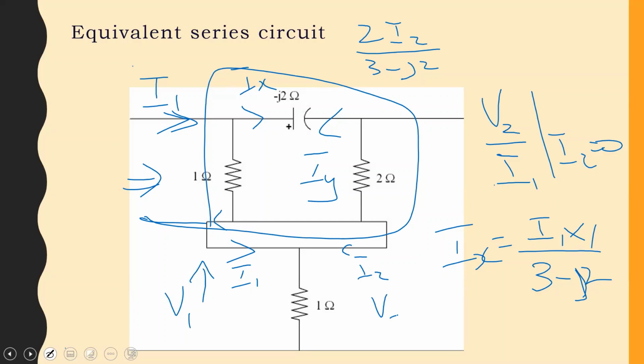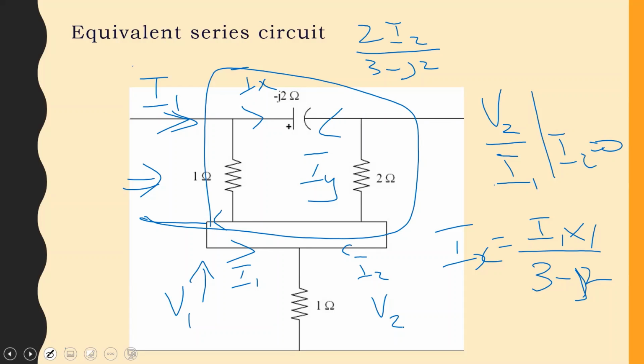For network 2, sir, wouldn't it just be 1, -1, -1, 1? I don't know. You tell me. So what is Z11? Just 1. V1 over I1.